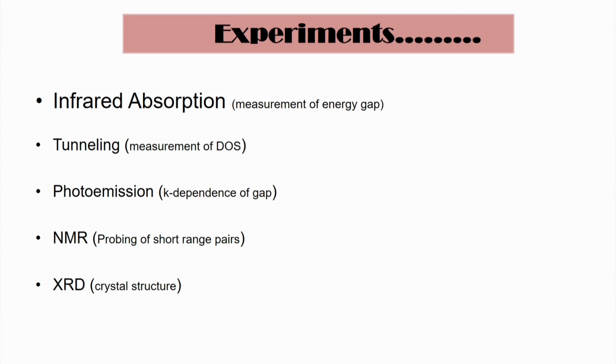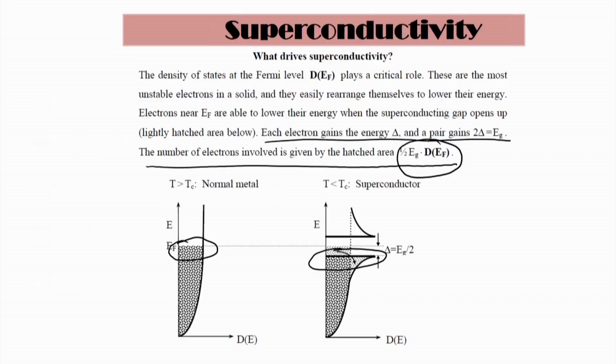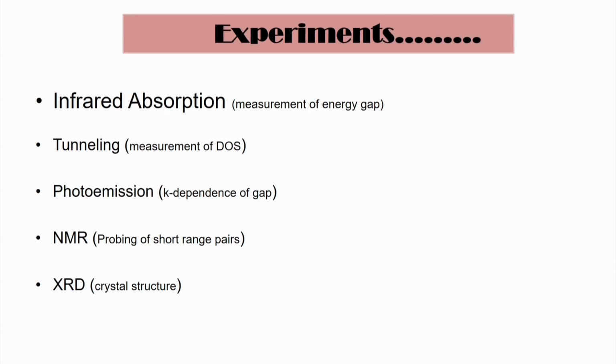So, what are the experiments which see superconductivity or make inferences about superconductivity? They are infrared absorption, which measures the energy gap. They are tunneling, which measures the superconducting density of states, and shows that a superconductor has a gap that appears at the Fermi level.